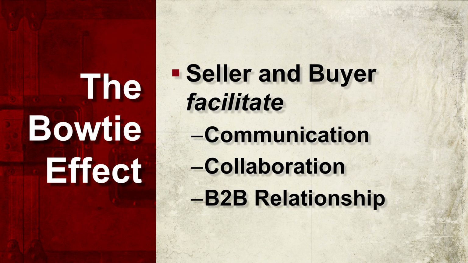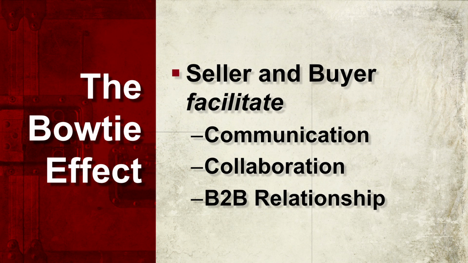I can't have a relationship between two companies that is based solely on the relationship between two people and expect it to be universally successful. If I turn the bow tie around and create this diamond, and I figure out how to connect all the individuals within an organization with their counterparts in the other organization, I can now take those two gatekeepers and put them on the outside of the diamond.